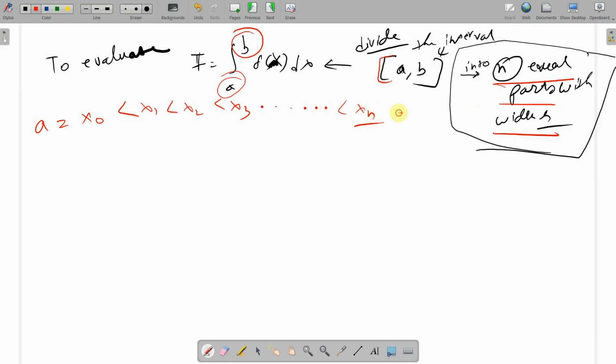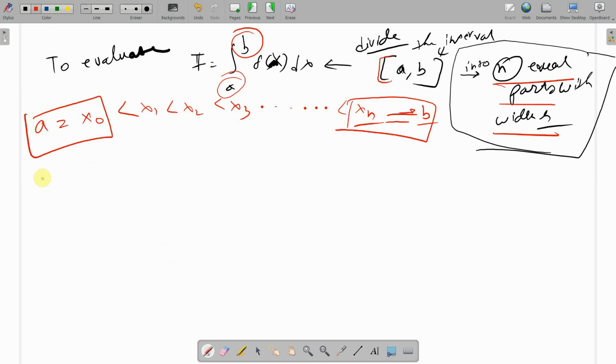Then you will be reaching b, meaning a equals x0 and xn equals b. Got it? x0 to xn हम लोग लिए हैं, where x0 is the a value and xn equals the b value. जैसे कि तुम लोग confusion ना हो इसलिए मैं ये लिख दिया.